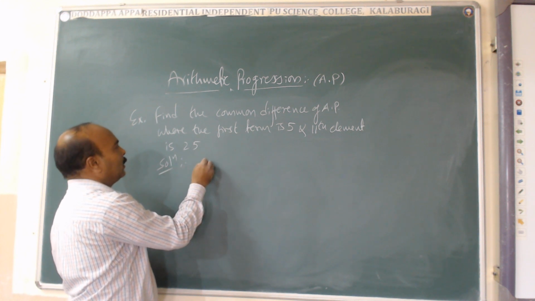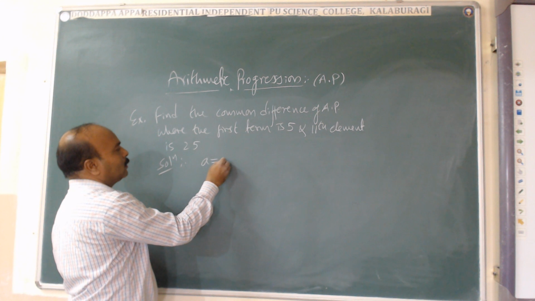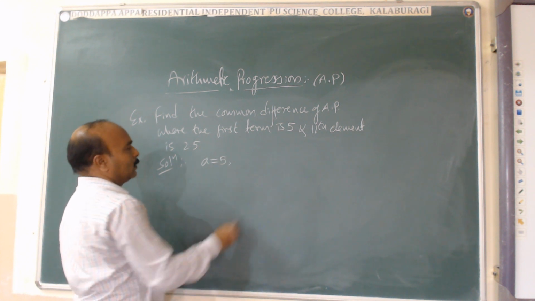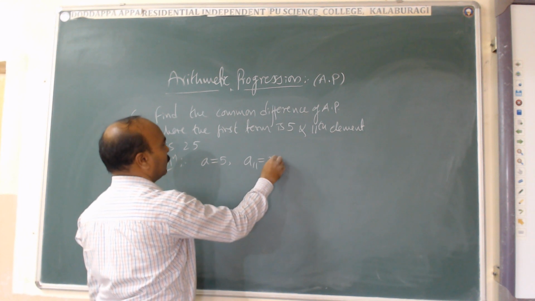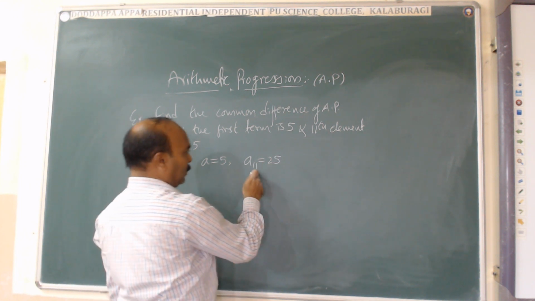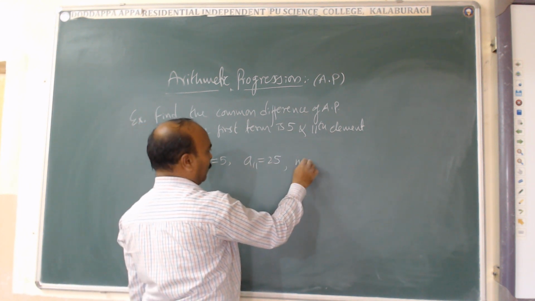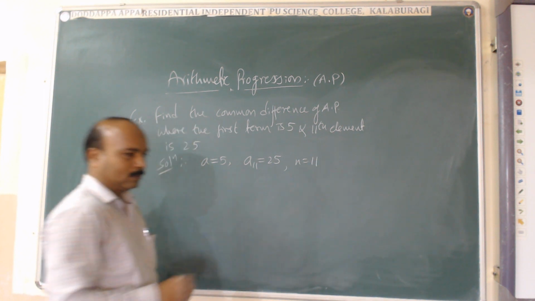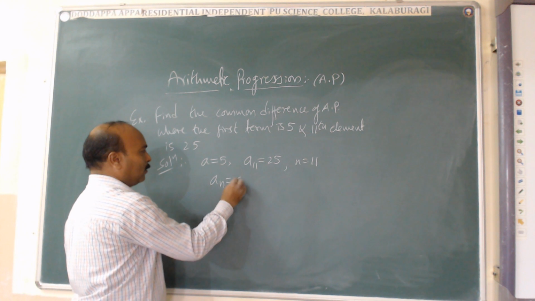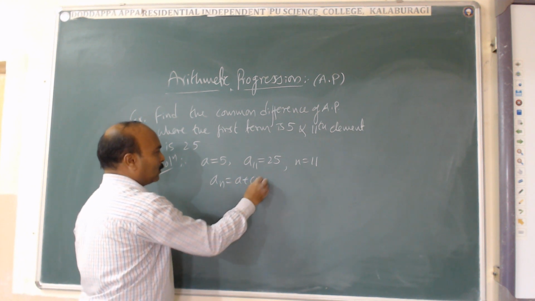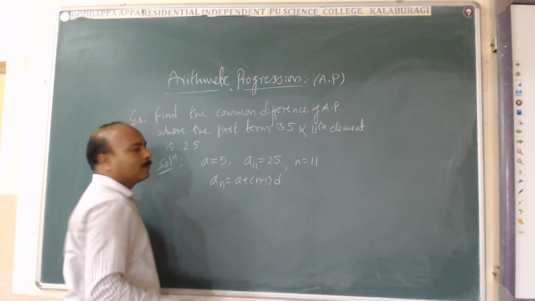Here given that first term means a equal to 5 and 11th term means a11 equal to 25. In place of n it is 11, therefore n equal to 11. Your formula is an equal to a plus n minus 1 into d.